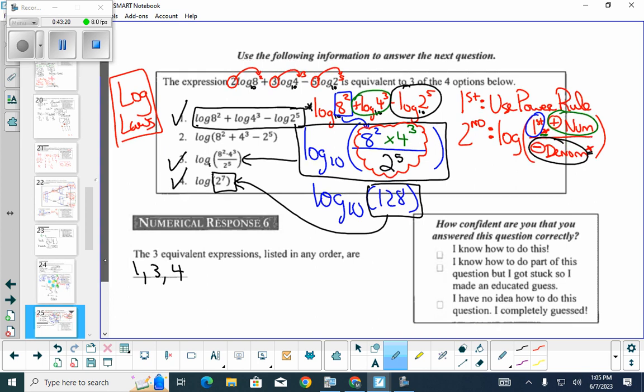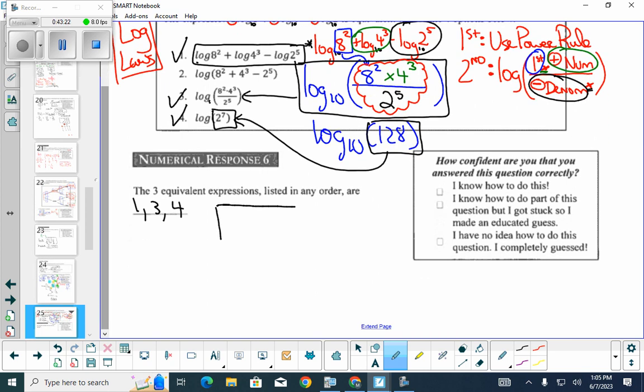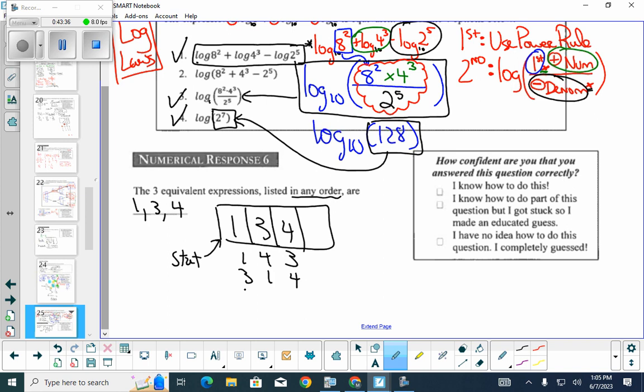So numerical response. Remember, you start here. Now, because it says in any order, the answers could be 1, 3, 4, 1, 4, 3, 3, 1, 4, 3, 4, 1, 4, 1, 3, 4, 3, 1.